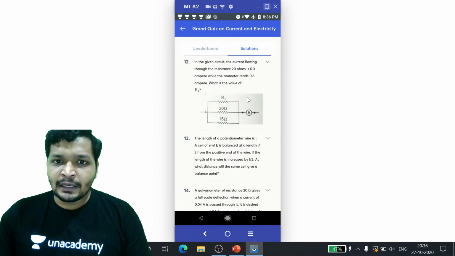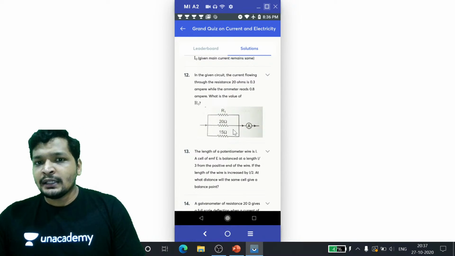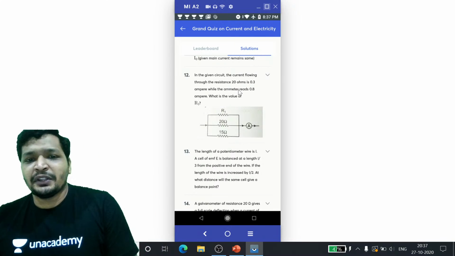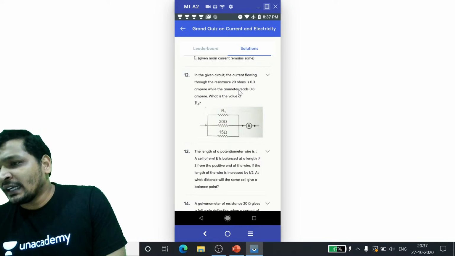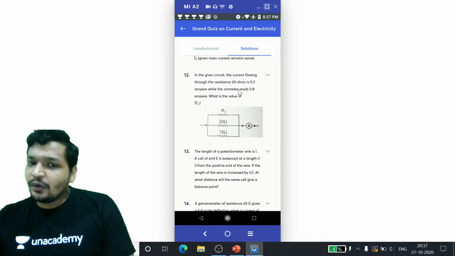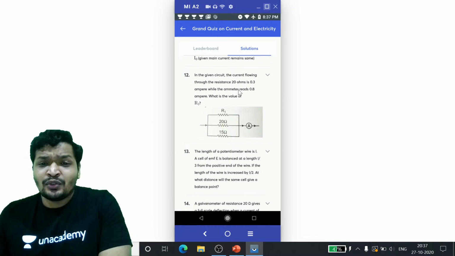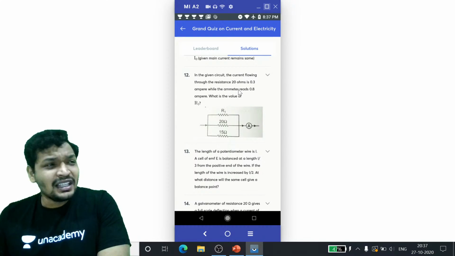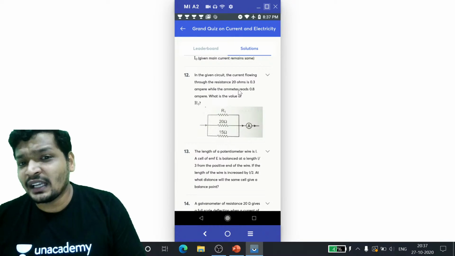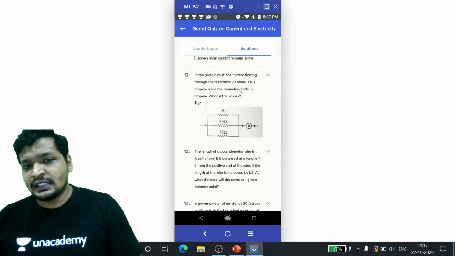Okay, let me tell you an easier way of doing this question. It could have been a very simple question given that we put in some thought. So 20, 15, take a parallel combination. The question number 12 I'm talking about. If you take a parallel combination, it's going to be 1 by 20 plus 1 by 15. So it should be like 60 by, 3 plus 4, 7. 60 by 7.